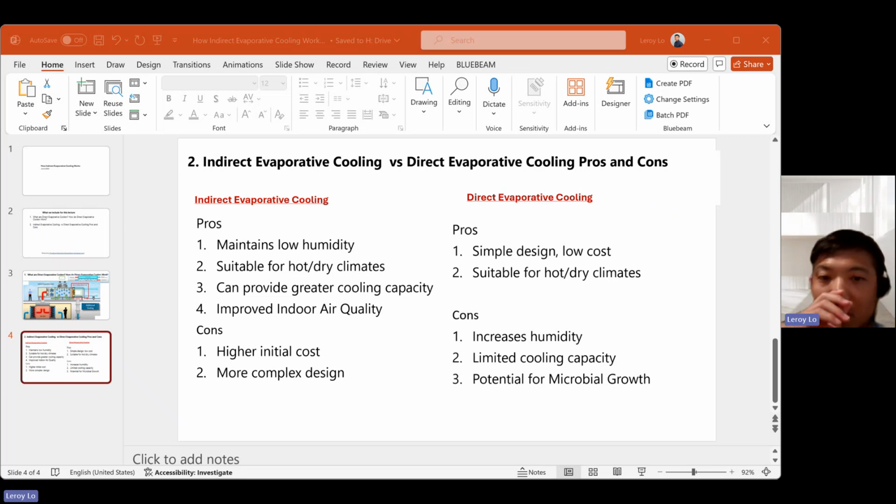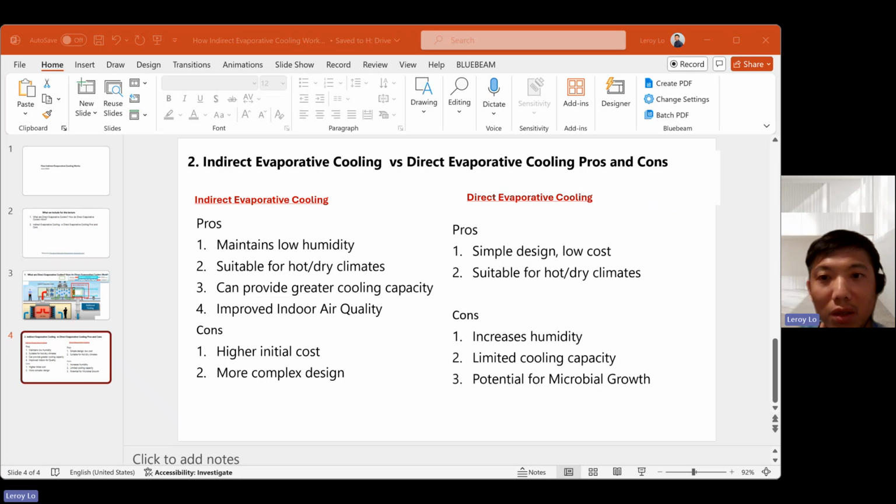Okay, let's talk about direct evaporative cooling on the right side. There are some pros: a simple design and lower cost. Direct evaporative cooling systems have a simpler design, which typically results in a lower initial cost compared to indirect evaporative cooling systems.